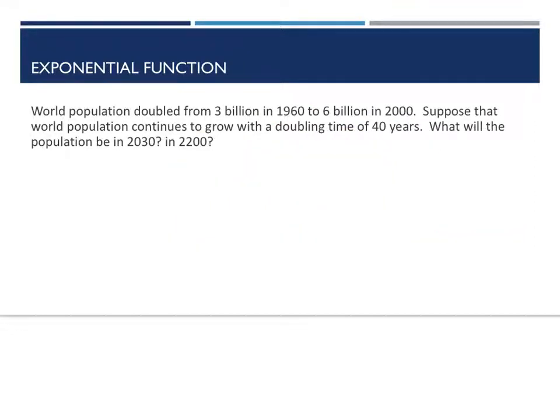The last two, this problem and one more, I would encourage you to try it on your own. Let me just say, let's use this as our original value. It will make our life easier. We're told we have a doubling time of 40 years, and then we're given way too much information.